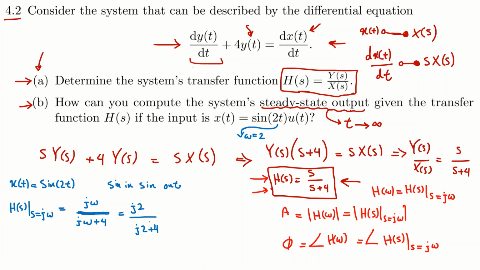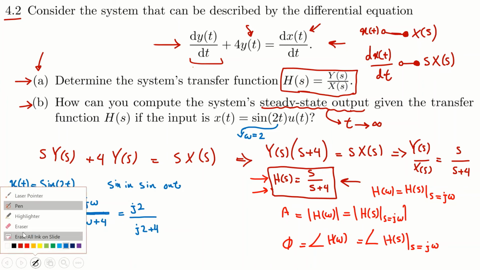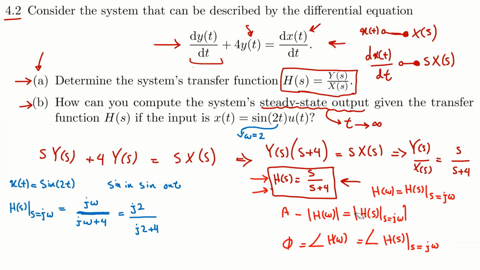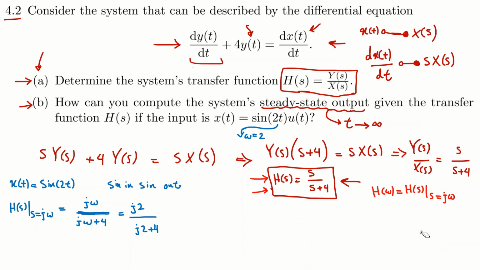So if I want to find the magnitude of the transfer function, then this equals the magnitude of the numerator divided by the magnitude of the denominator. So I may need to replace everything we have here. Make some space.